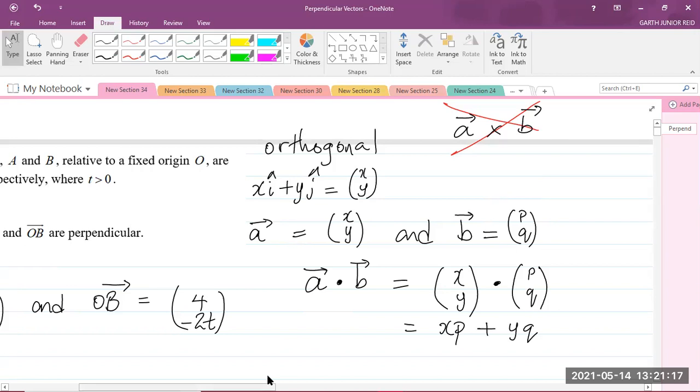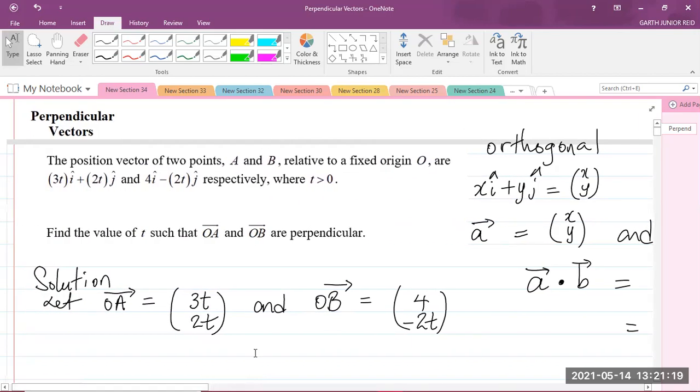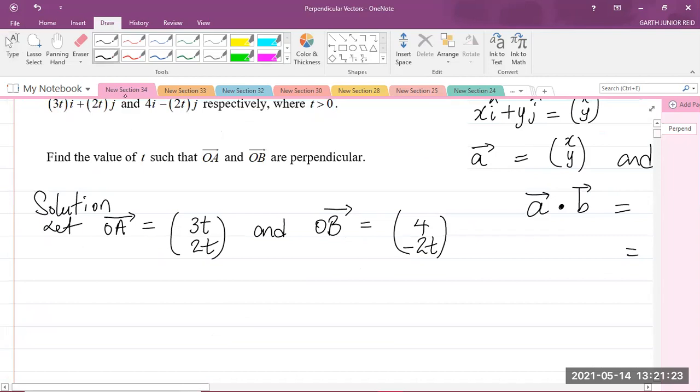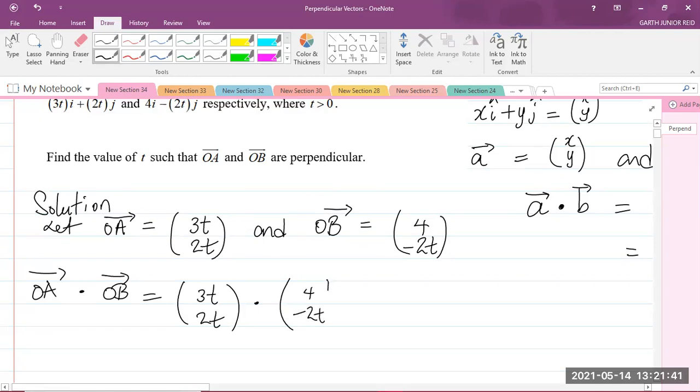Okay, so let us now find the dot product of vector OA and vector OB. So vector OA dot vector OB is (3t, 2t) dot (4, negative 2t).